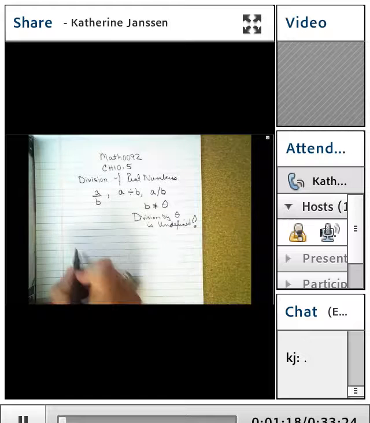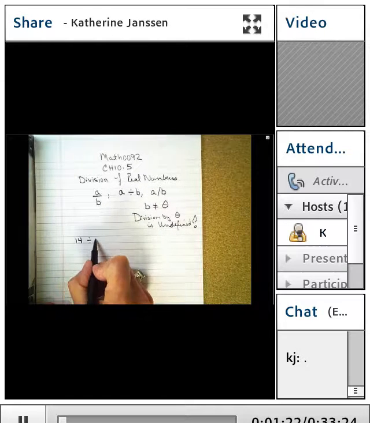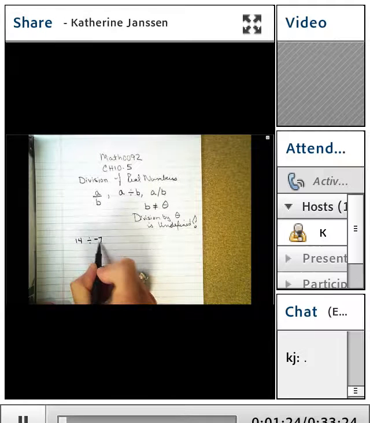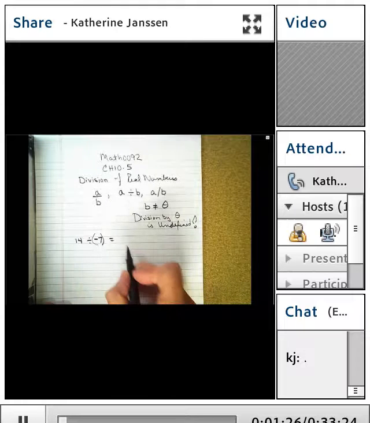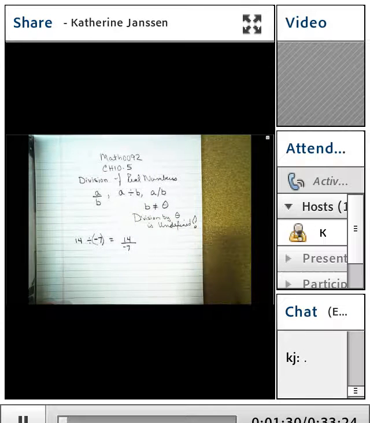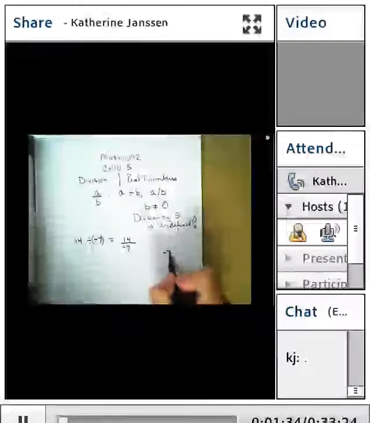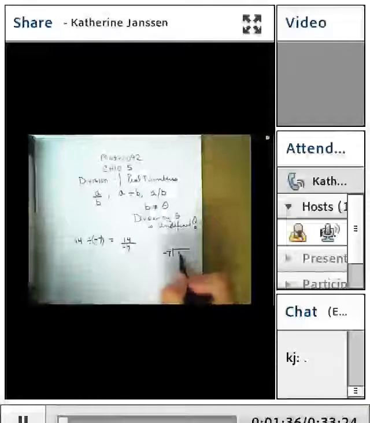So sign numbers, or real numbers, include sign numbers. So we might be dividing 14 by a -7. So that looks like 14 divided by a -7. Well, the denominator is -7. 7 goes into 14 2 times.